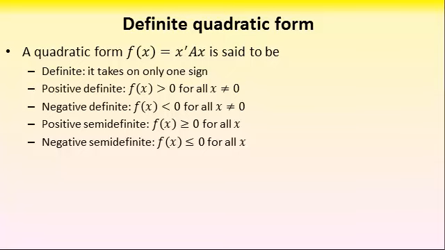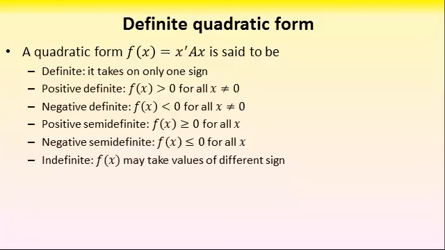Finally, for a quadratic form, we say that it's indefinite if it can take values of both signs. For m equal to 1, that is when f is a function of one variable, the quadratic form is simply ax squared, where a is a constant, and the only two options in this case are that it must be positive definite or negative definite, depending on the sign of a.